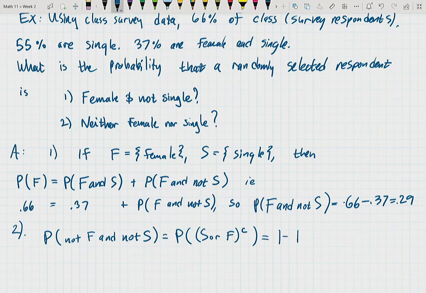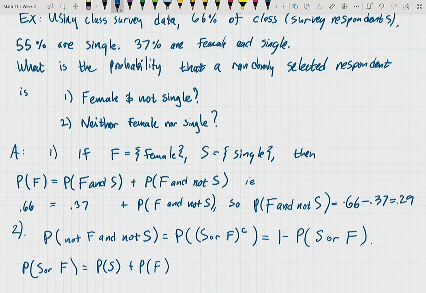So it's 1 minus the probability that you are single or female. Well, we can use the addition rule to find the probability of single or female, because that's the probability of being single plus the probability of being female minus the probability of both.